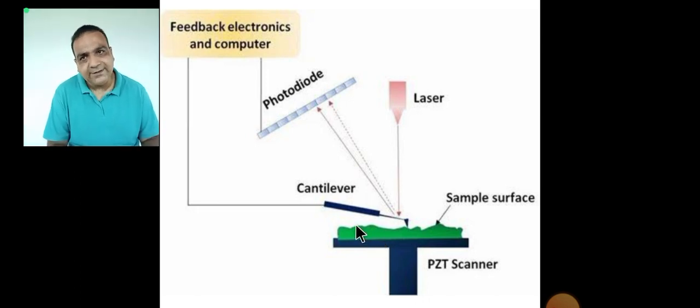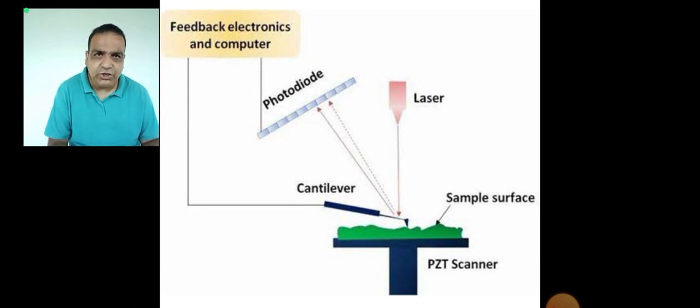The recorded data is used to construct a topographic map of the surface, representing its height variations with nanometer resolution. This AFM offers various imaging modes such as contact mode, tapping mode, non-contact mode, and dynamic mode, each with its own advantage and application.